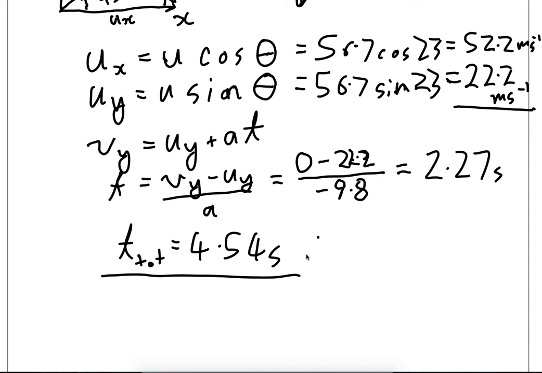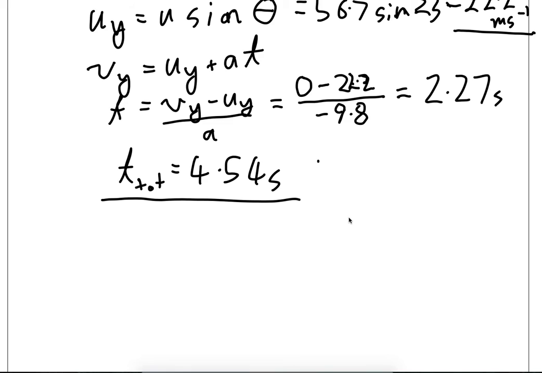To find the height reached, the maximum height, we can use another of our equations. We know the initial velocity in the vertical direction. We know the acceleration in the vertical direction. So what we want is Y max. But Y max is just going to be equal to a distance, so it'll be an S, and we don't know what it is. We're using distance in our normal equations of motion.